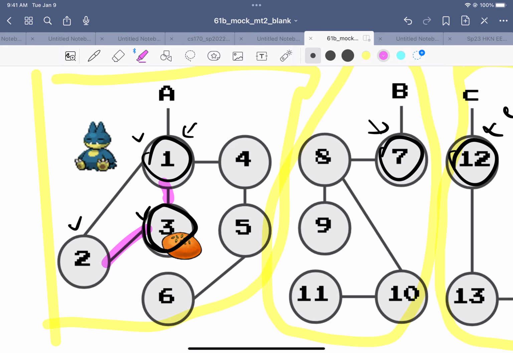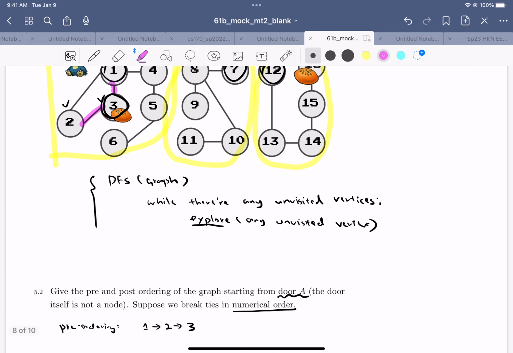Vertex 3 connects to vertex 2 and vertex 1, but we cannot visit either of these vertices, because we marked them as visited, so we won't continue to visit them, since it would visit one vertex twice, right?